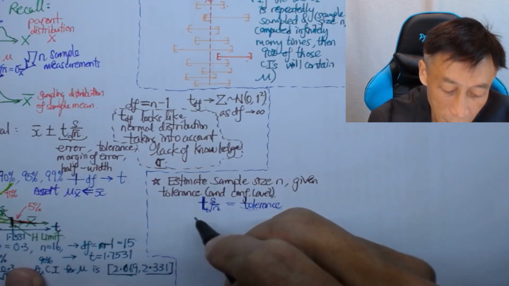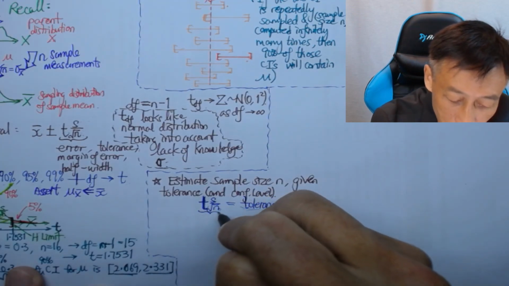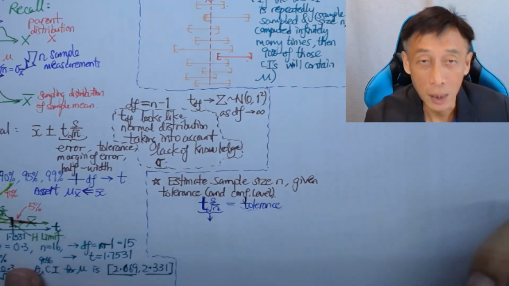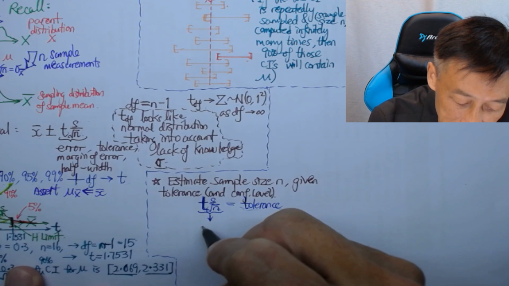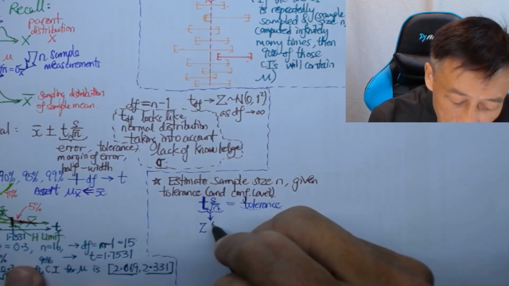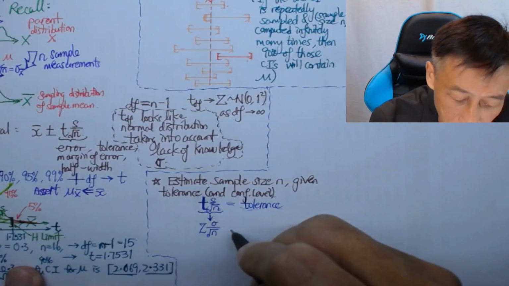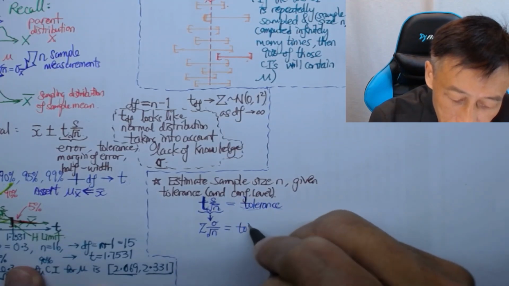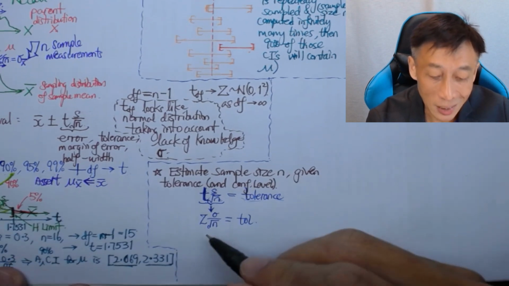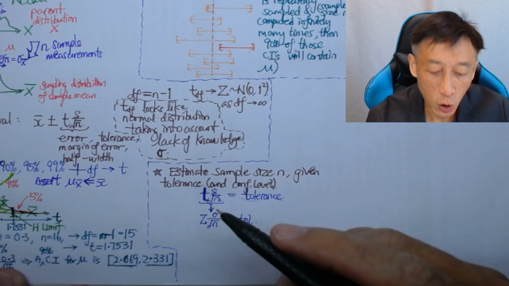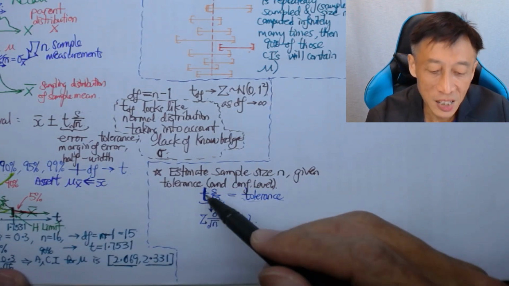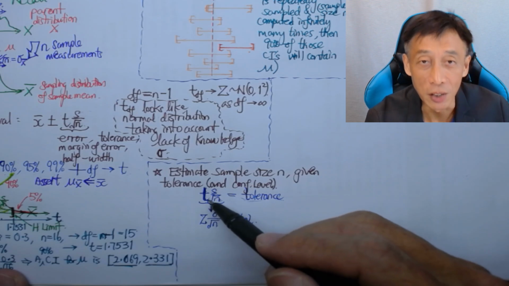So typically, we don't use this. We have to do a little bit of a trick and assert that z times sigma over square root n is going to be our tolerance. Because the z value is very close to the t value, as if it is t but having an infinite degrees of freedom.